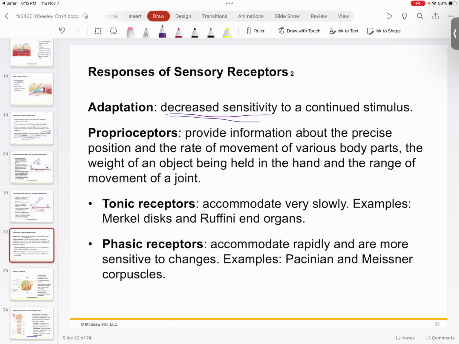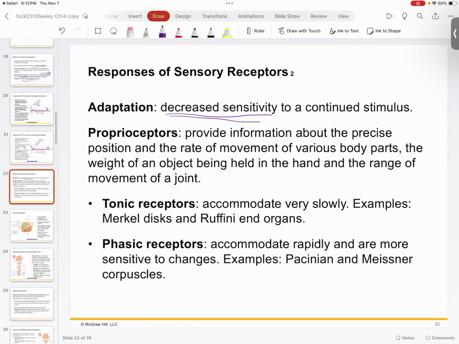This adaptation, or decreased sensitivity, can happen either at the receptor locality. Essentially, the receptor is just saying, we're not going to listen to that anymore because the stimulus is just so common. Or it can also be at the level of the brain. Your brain can also desensitize to certain stimuli. It can choose to basically ignore the stimuli that it wants to ignore.